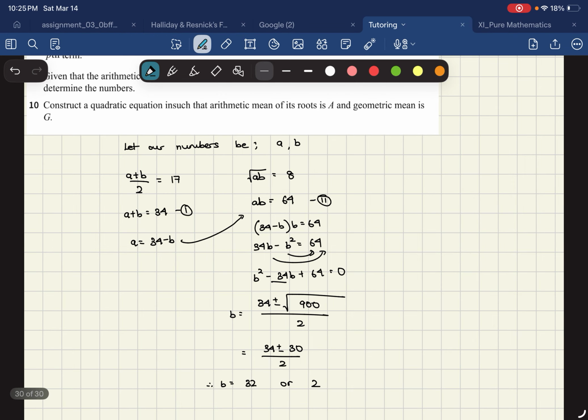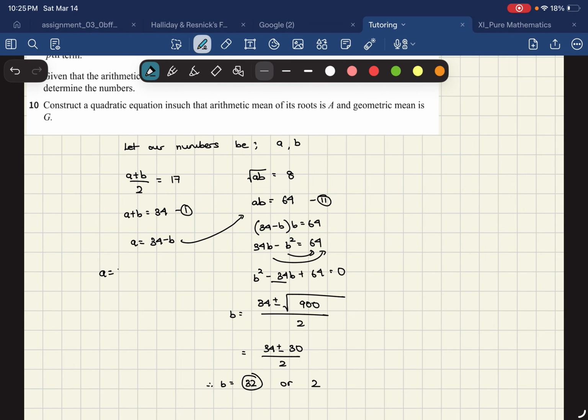And our a is going to be, if b is 32, then a is 34 minus 32, which is 2. And if b is 2, then 34 minus 2 is just 32. So our numbers are 2 and 32. If a is 2, then b has to be 32. If a is 32, then b has to be 2. So those are our two numbers.